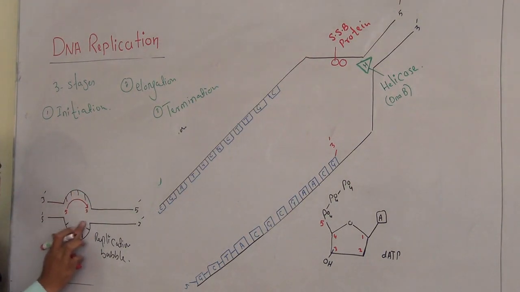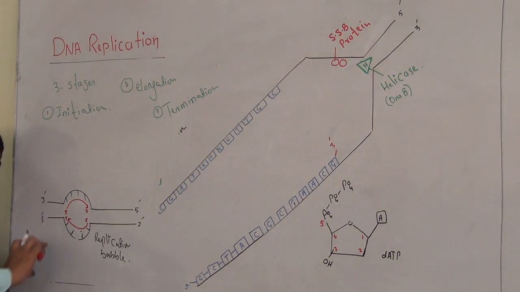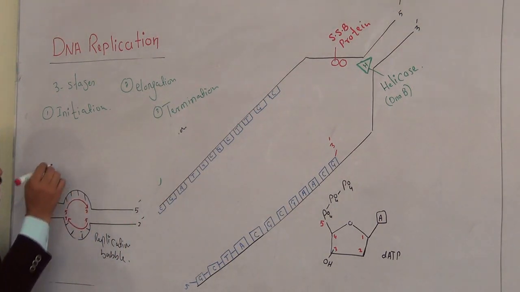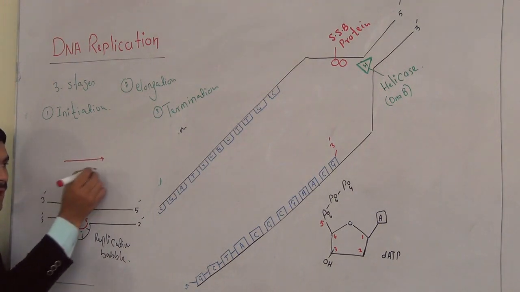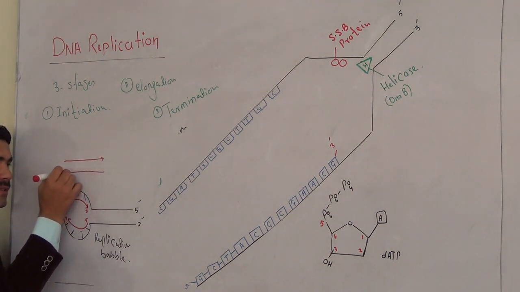Here another strand will be synthesized in the opposite direction, right? So remember, this is bidirectional replication, bidirectional synthesis. One strand is synthesized in that direction, the new strand. Another strand will be synthesized in this direction.